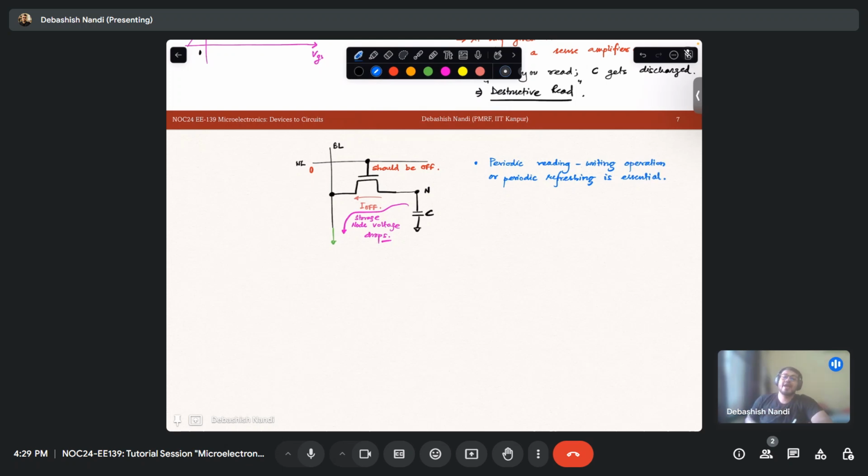Okay, so that makes this device dynamic. So that is why it is called dynamic random access memory, because periodic refreshing is required. Refreshing means what? You read the data, write it back so that you maintain the storage node in voltage.